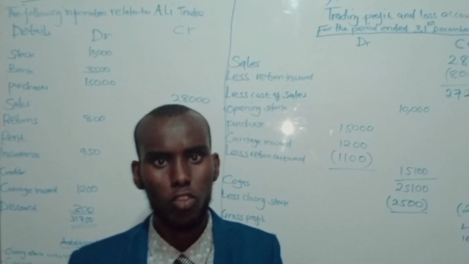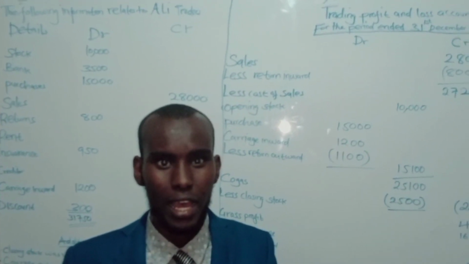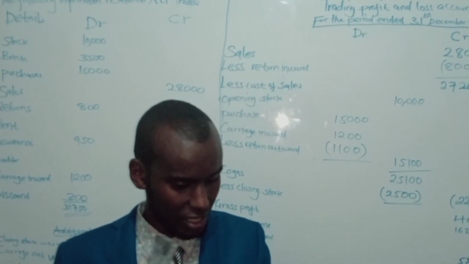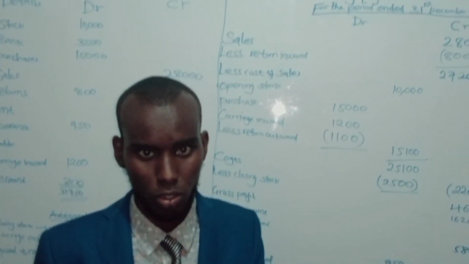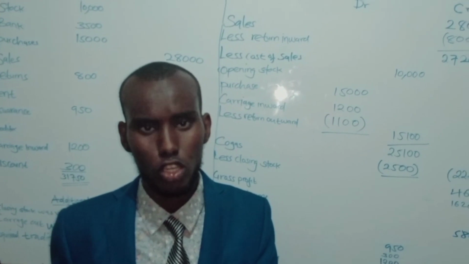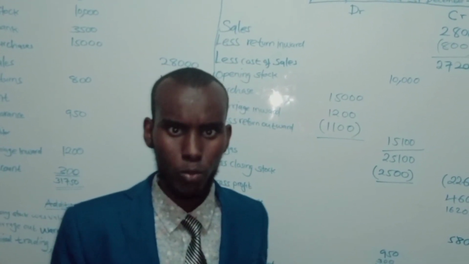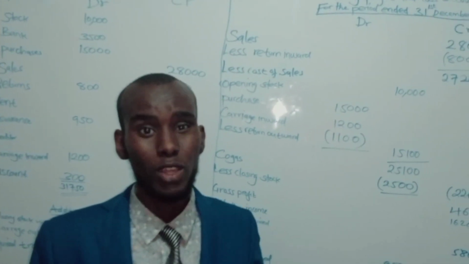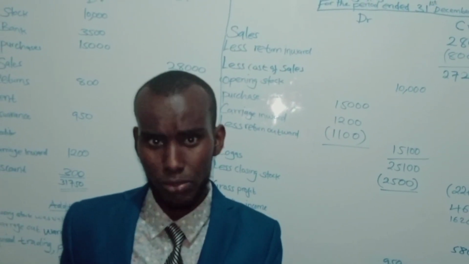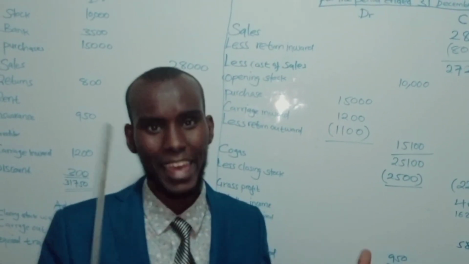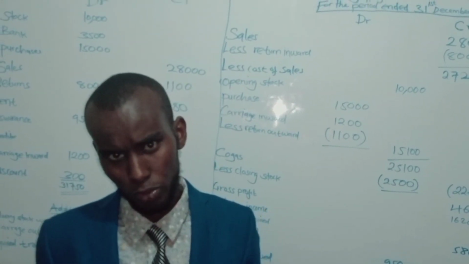The cost of sales consists of opening stock, purchases, carriage inward, purchase return, and the closing stock. Once you get the cost of sales, you compare with the net sales. If the net sales is more than the cost of sales, we have a gross profit. Then to the gross profit, you add other incomes. From the other incomes, you less the expenses, then you get the net profit.